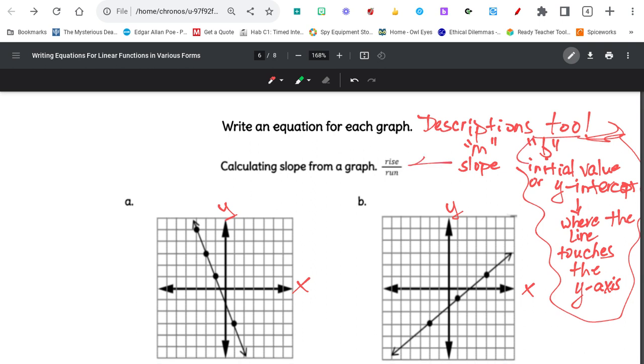The slope can be found by calculating rise over run. And you should have already watched the video on that, but I'll go back and talk about rise over run. What you do, number one, is you draw a triangle.